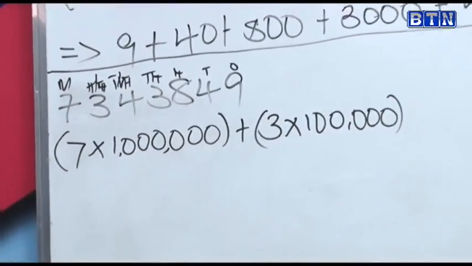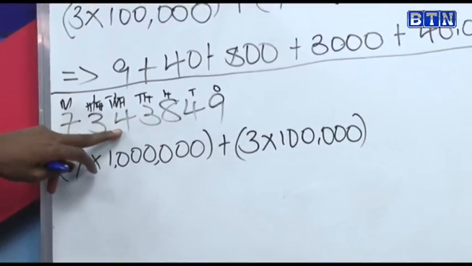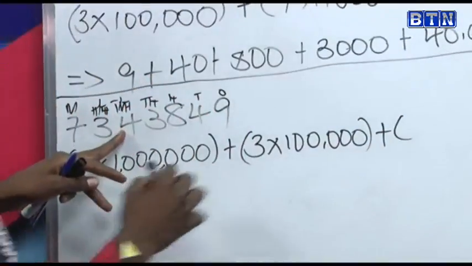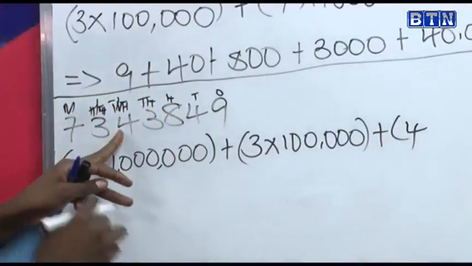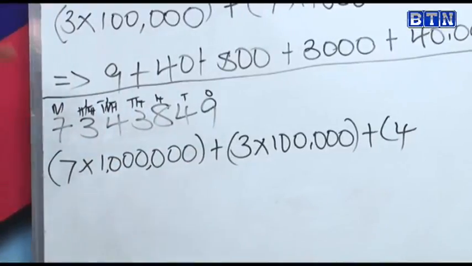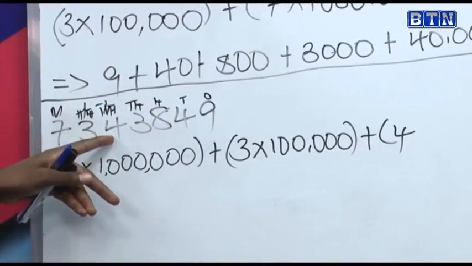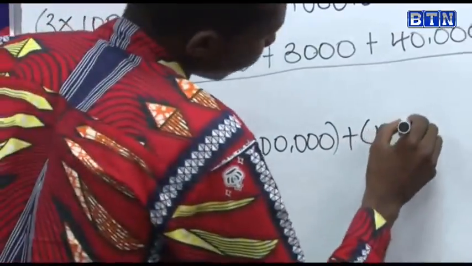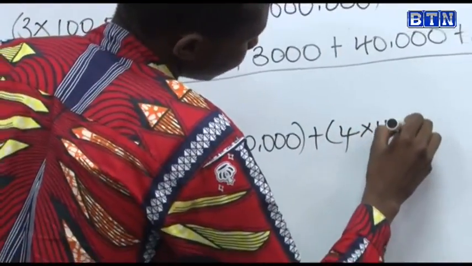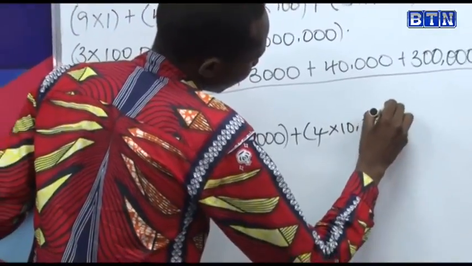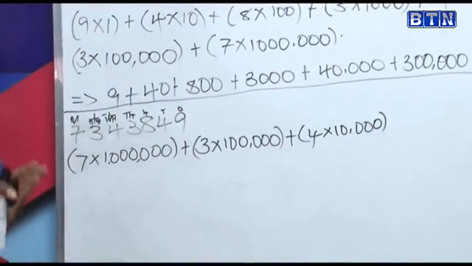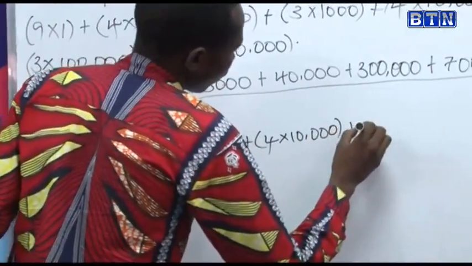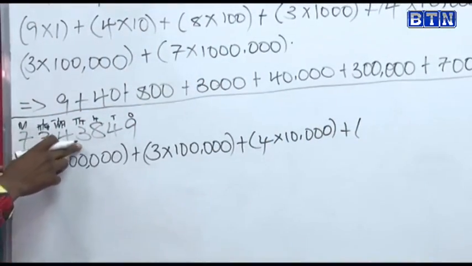Then from 100,000, I will also have to add 4. I'll say plus 4. Then after adding 4, I'll also ask myself, which place value does 4 belong to? It is 10,000. So I'll have to multiply this by 10,000. Its place value. I'm now multiplying by its place value. Then from there, I'll continue and say the next digit will be 3.